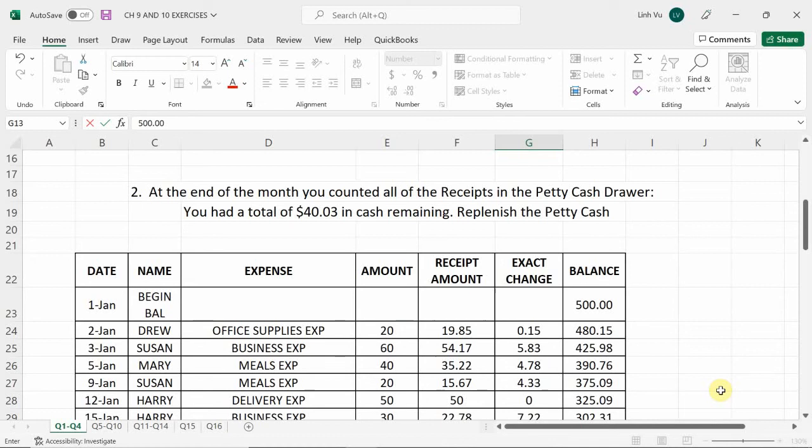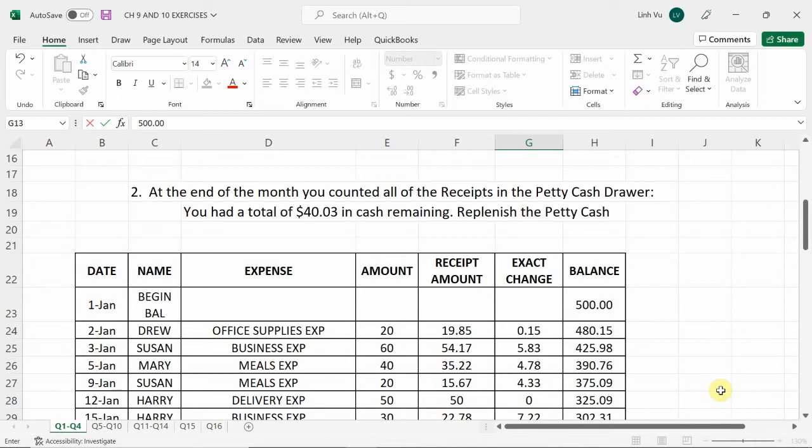Number 2: at the end of the month, you counted all of the receipts in the petty cash drawer, and of course, you had a total cash worth of $40.03 remaining in the box. Replenish the petty cash drawer.